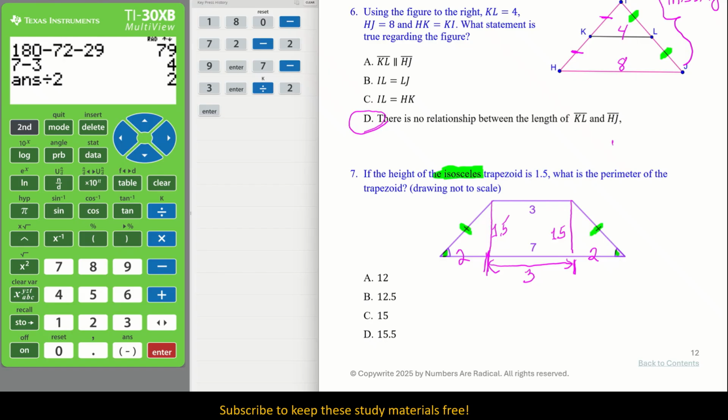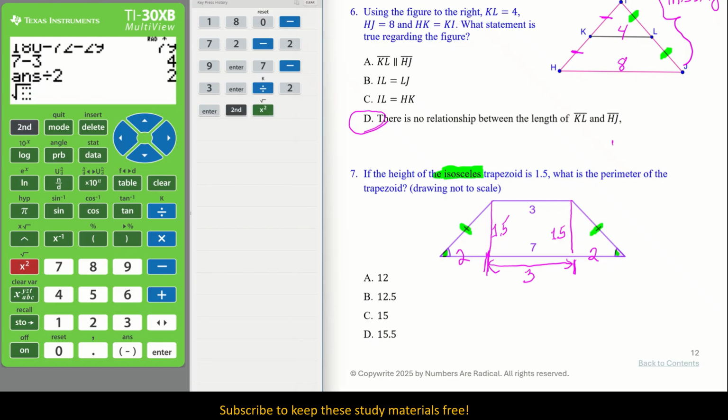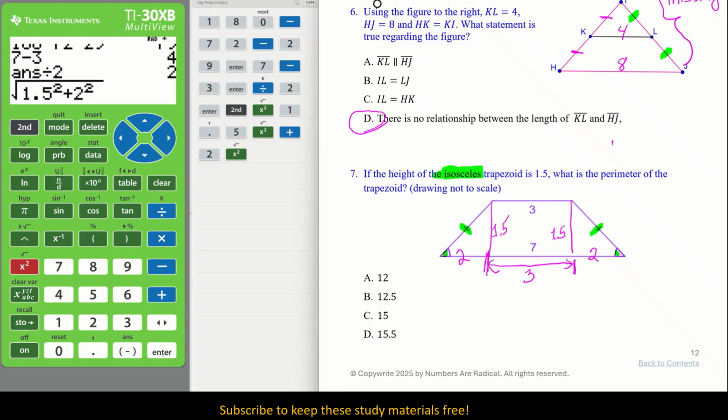Okay, so what do I need to do? I need to say square root, okay, and I need 1.5 squared plus 2 squared, because it's height. 1.5 is a height, and that guarantees us that we have this right angle here and here. It's just a nice consequence of the fact that everything's isosceles, okay?